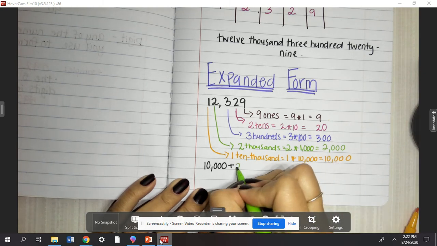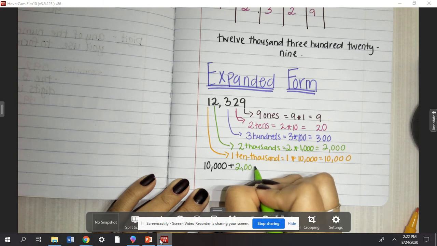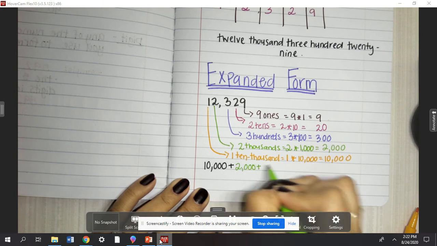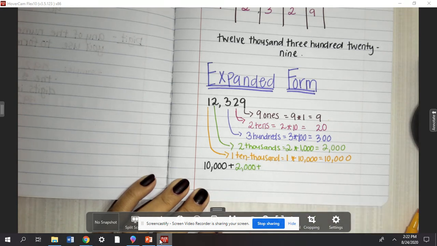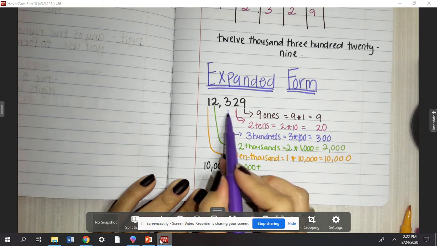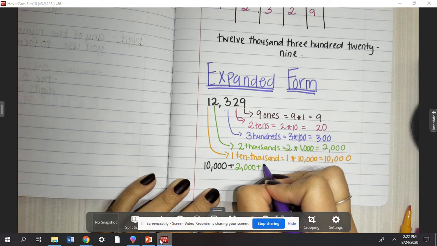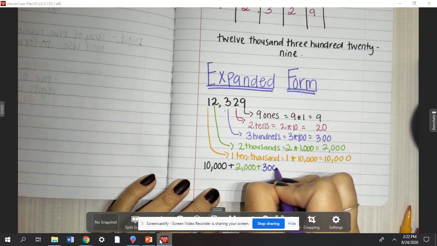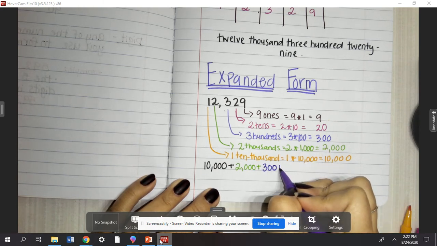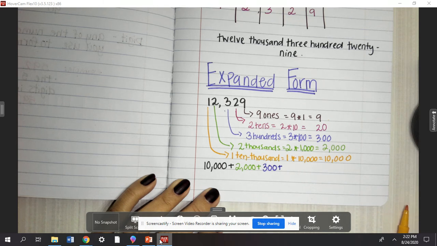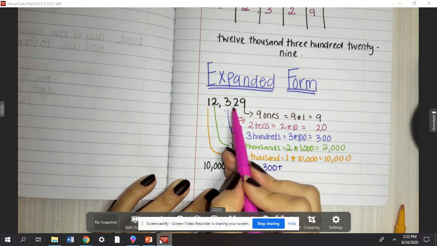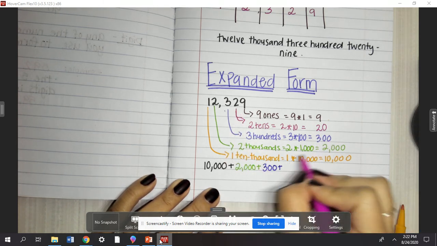I had 2 of them. So I have 2,000 plus the next one I have is hundreds. That's the next place value here, hundreds. How many of those did I have? I have 3 of them, which means I had 300 plus, I'm going to go to my tens here, right? How many tens did I have?